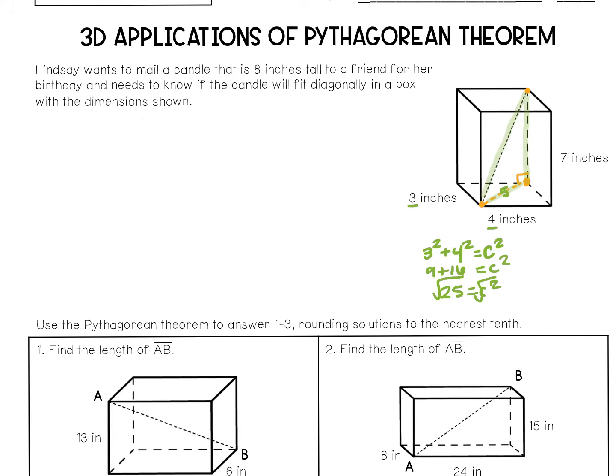So this piece would be 5. I know that the height is 7, so this needs to be 7. Now I've created a right triangle with 7, 5, and a missing c, which would be that 3D diagonal.